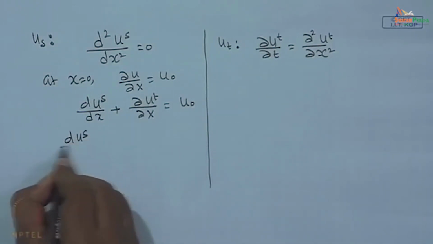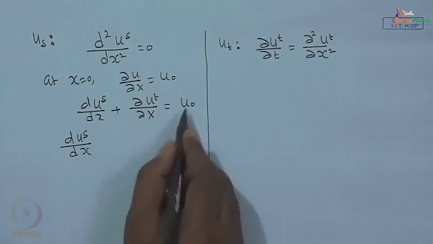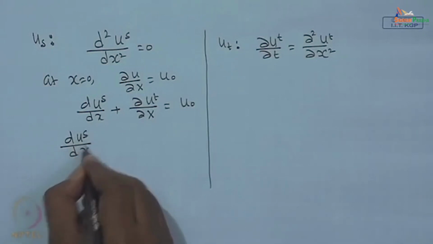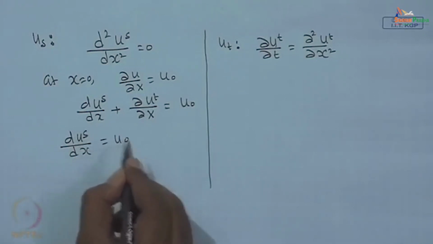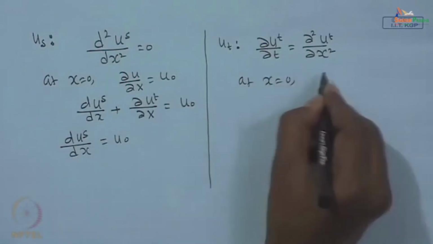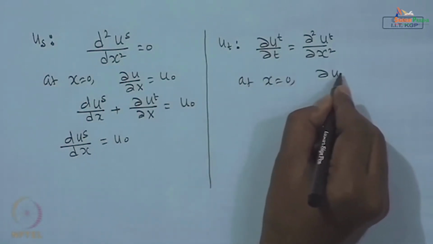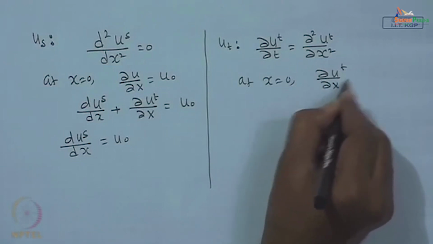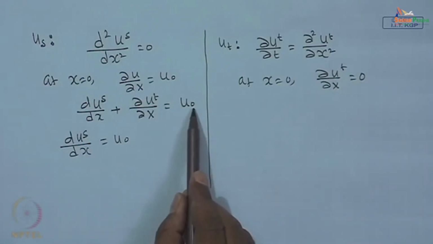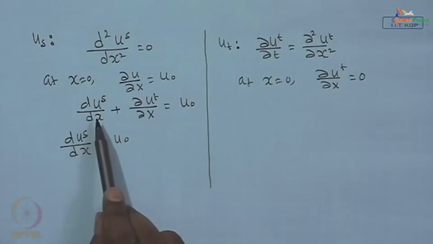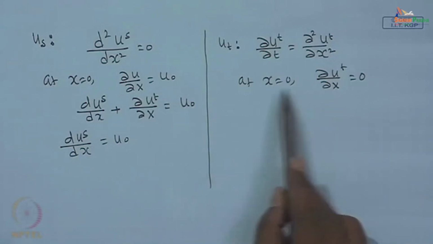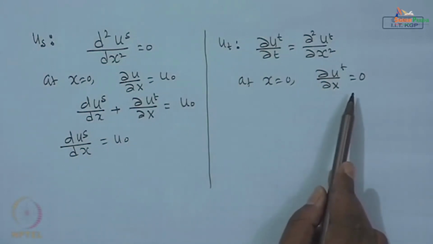We collect the similar terms and associate the non-homogeneous part to the steady state solution. So, it becomes du s dx is equal to u naught at x is equal to 0, and at x is equal to 0 this becomes del u t del x is equal to 0. So, by associating the non-homogeneous term with the space varying part, the boundary condition at the same boundary of the time varying part becomes homogeneous.